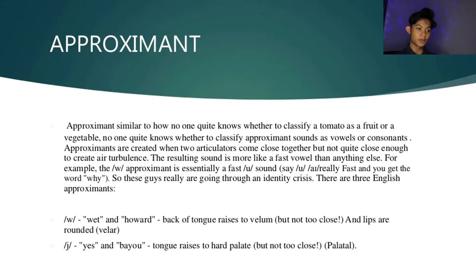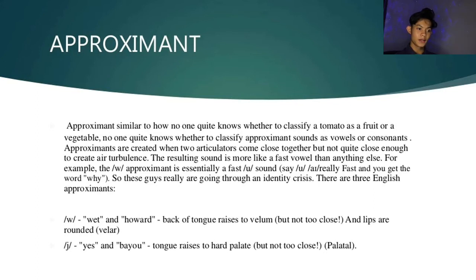Approximants are created when two articulators come close together but not quite close enough to create air turbulence. The resulting sound is more like a fast vowel than anything else. For example, the W approximant is essentially a fast U sound. Say U, A really fast, and you get the word Y.